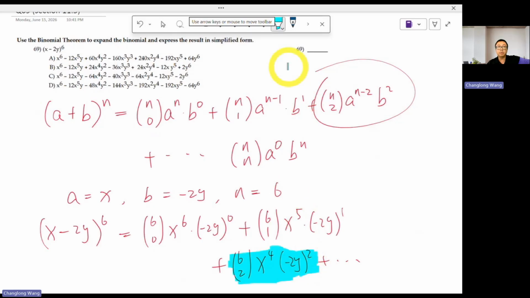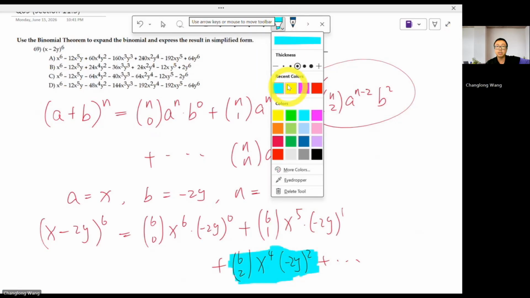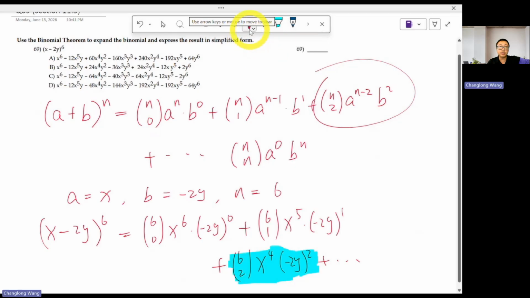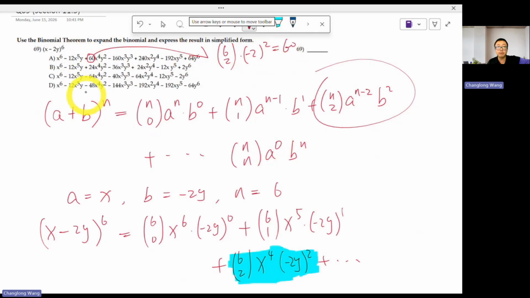So basically, the number in 69 that you should be getting is 60, and that 60 is going to be 6C2 times negative 2 to the 2nd power, and that has to work out as 60. Okay, so if that's good enough for you to tell which option it is, that would be great.